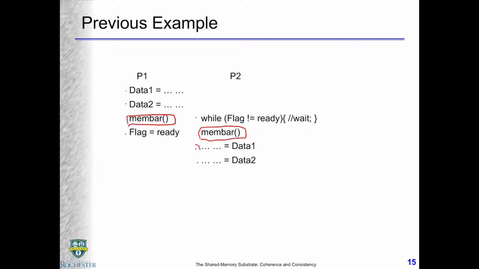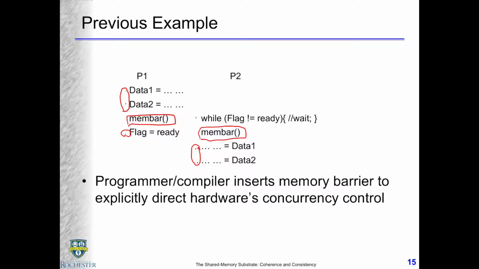So now these accesses can happen in parallel or concurrently, overlapping, but they cannot overlap with the flag update. And it is the programmer's job to insert these memory barriers.